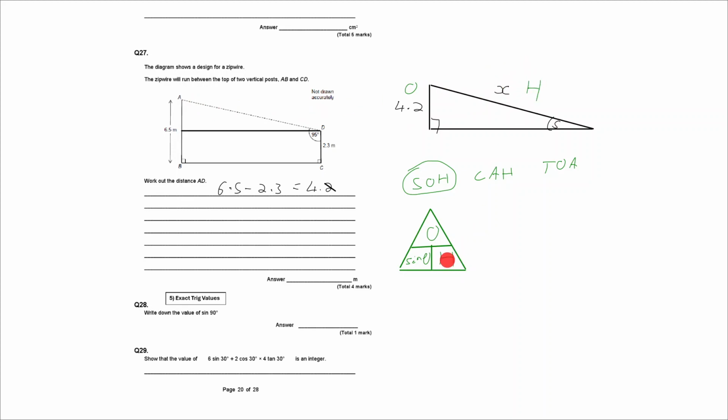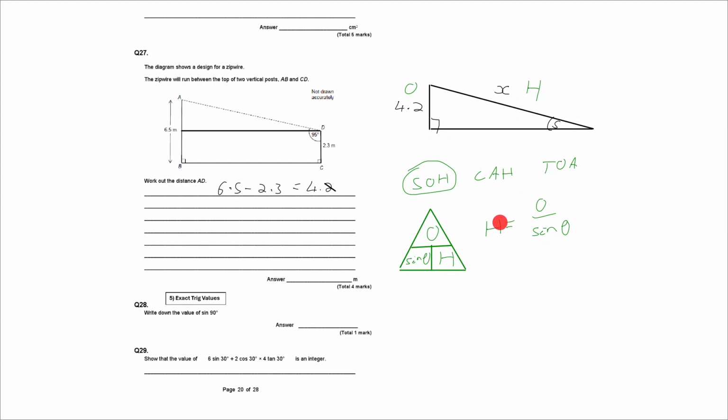Put your finger on the screen or cover it up and say that H is going to be equal to opposite divided by sine theta. So O divided by sin of the angle theta. I've put my finger over the H, covered it up and said H equals O over sine theta. These equation triangles just make it much easier to get the right equation.